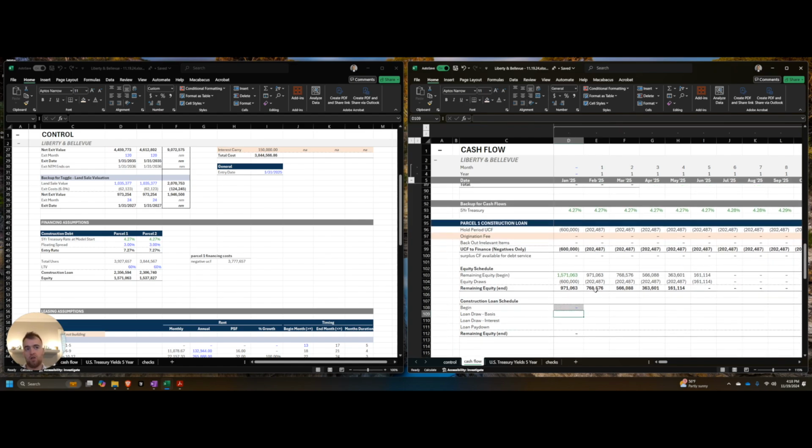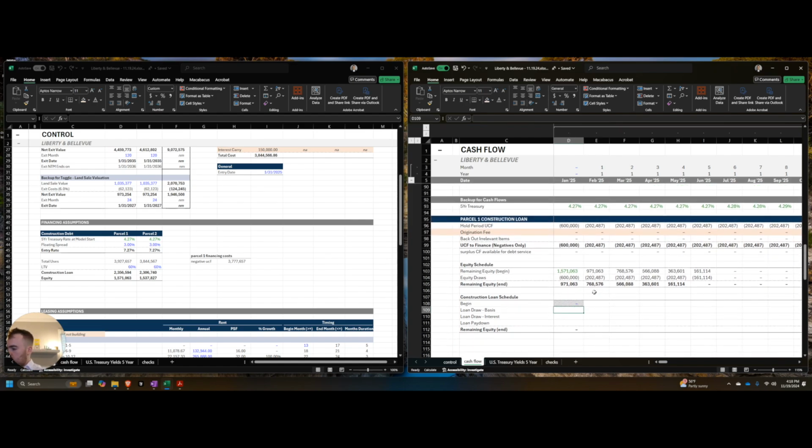And then for the construction loan schedule, the basis is going to be just whatever else needs to get financed minus the equity draws that are happening. The interest we'll do in just a second. And then the pay down is going to be 0. Well, that's going to be 0 and that's going to be 0. But the pay down will be 0 on the first month.